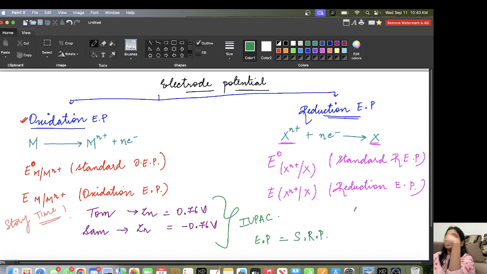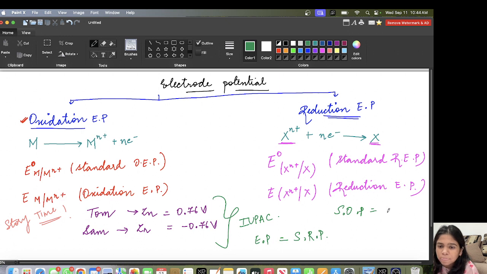If I have to mention standard oxidation potential also, standard reduction potential also, it will be very confusing. So IUPAC said, let us fix one thing: let us fix electrode potential as standard reduction potential. So from now on, whenever I say electrode potential, it just means standard reduction potential. But what if in a question only the standard oxidation potential is given and you are asked to find the standard electrode potential? What will you do?